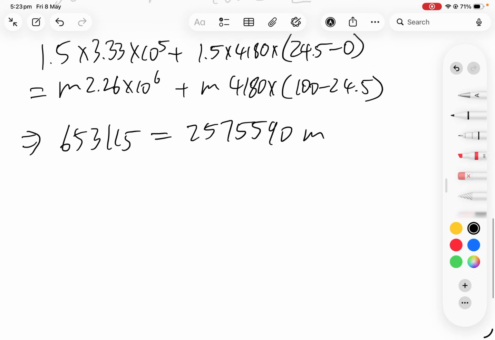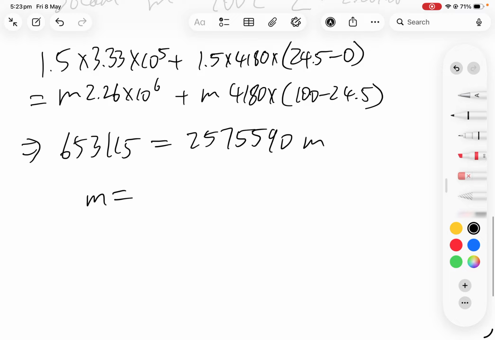Now we can get m by dividing by 653,115.